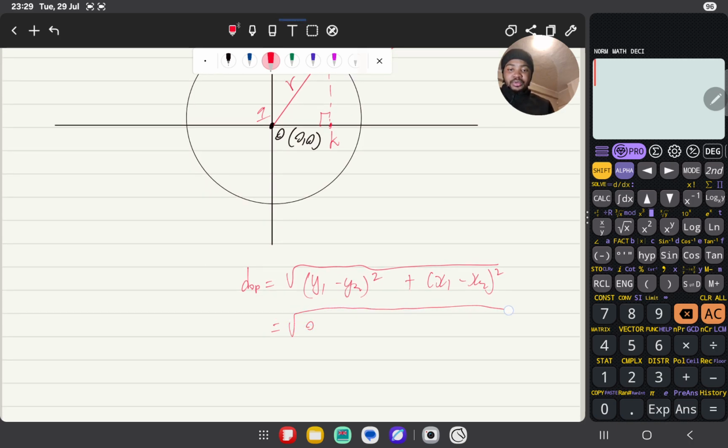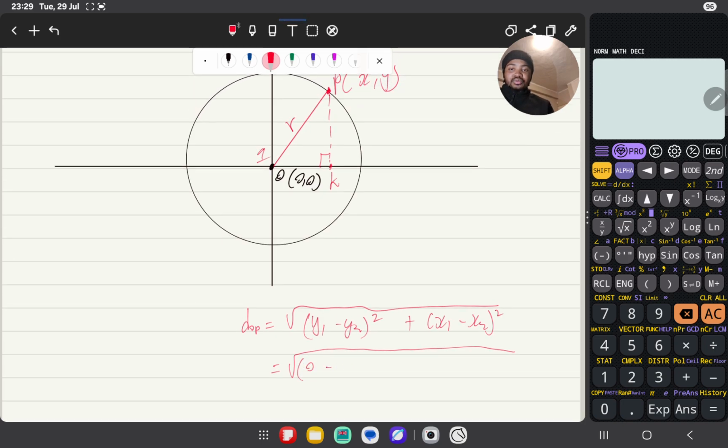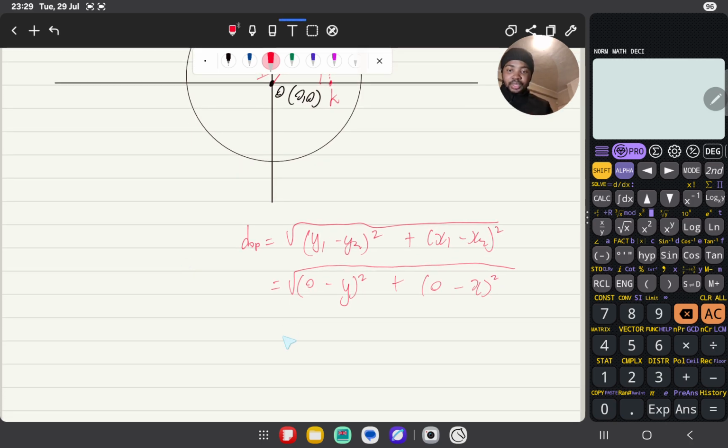You have a square root of (0 minus y2), which is y from P, and we are squaring the whole thing, plus x1, which is 0 from the origin, minus x2, which is x from P, squared. You end up with y squared plus x squared.